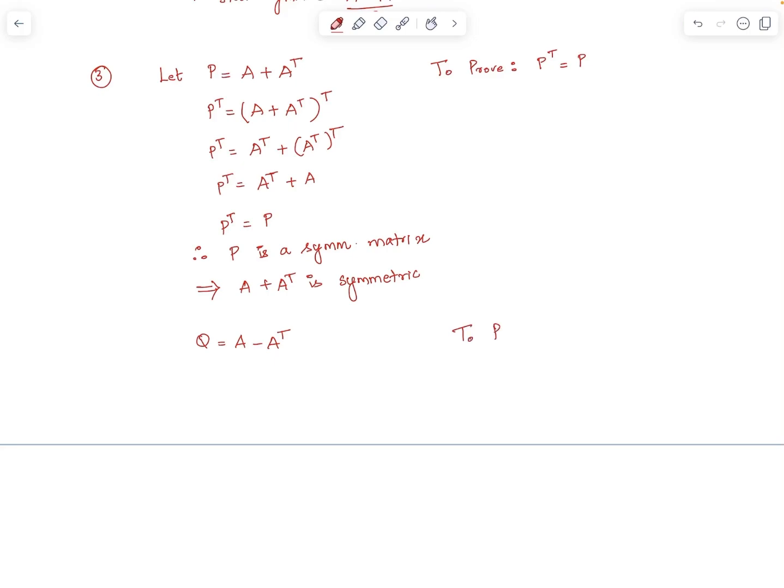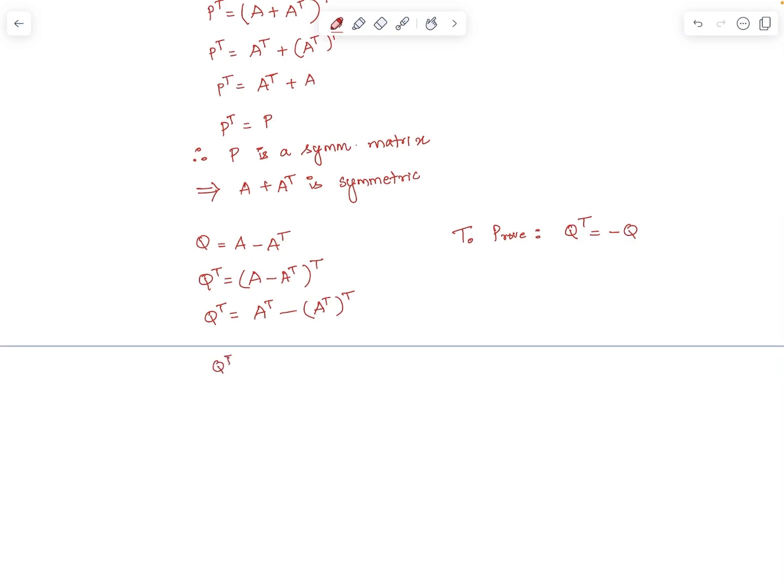To prove, we have to prove that Q transpose is equal to minus Q. Taking transpose on both the sides, Q transpose is equal to (A minus A transpose) the whole transpose. Q transpose is A transpose minus transpose of A transpose.